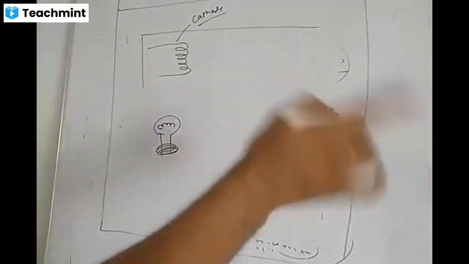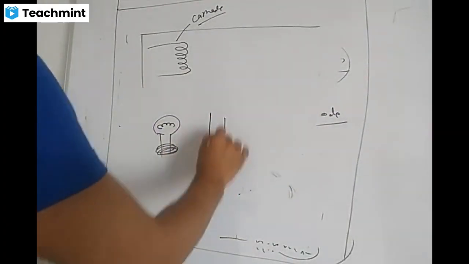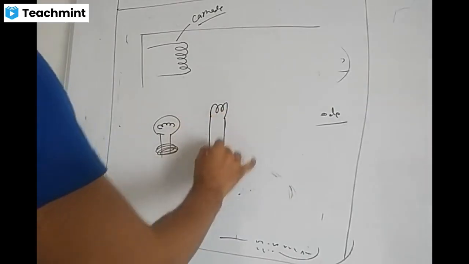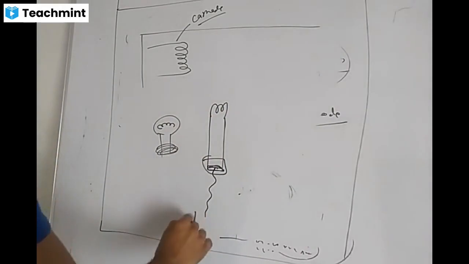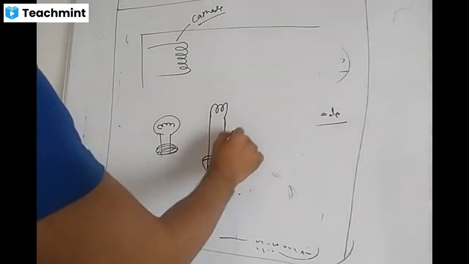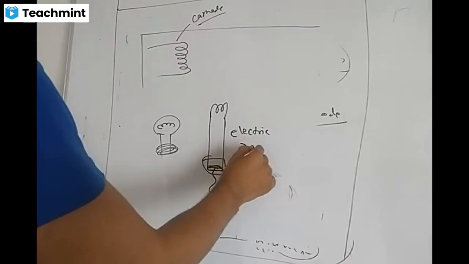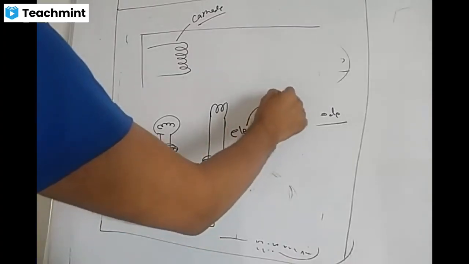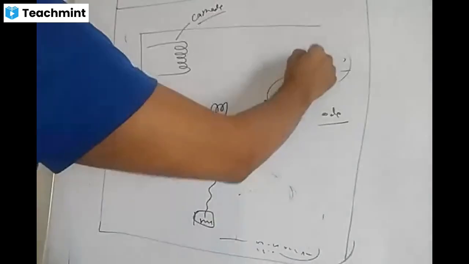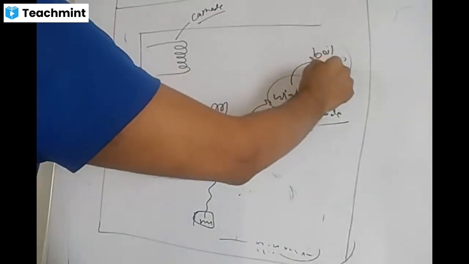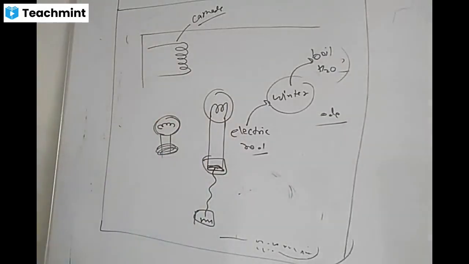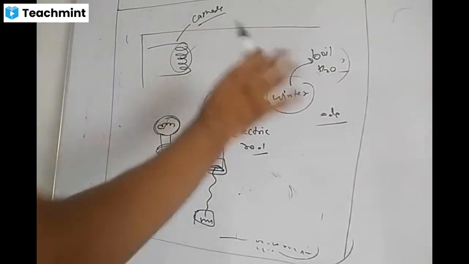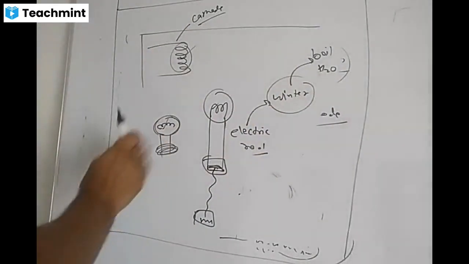This filament is similar to that filament which we use in our electric rod. This is your electric rod which you use in winter to boil or warm the water. So this bulb filament, this rod filament and this filament of the cathode, all these three filaments work on the same principle. What is that principle?